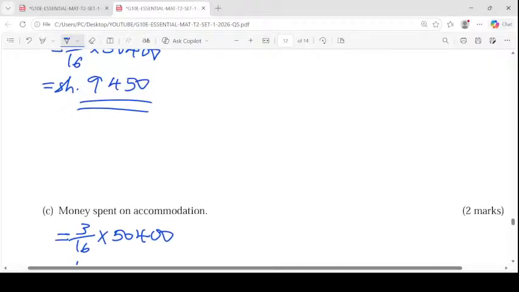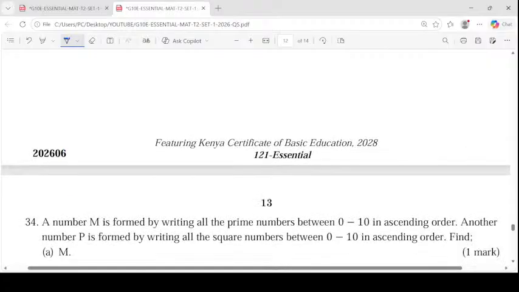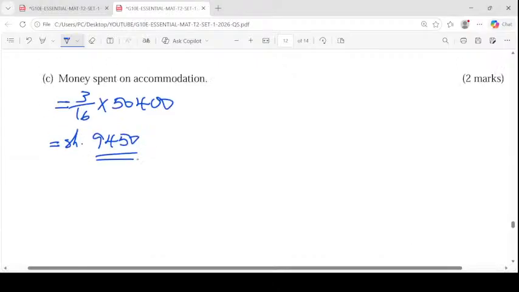This exactly gives 9450 as the amount spent on accommodation. I think that is what you are to do in that particular question. Let us make progress to the next question now.